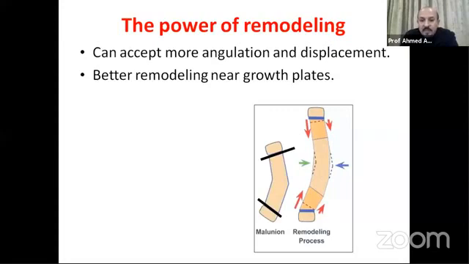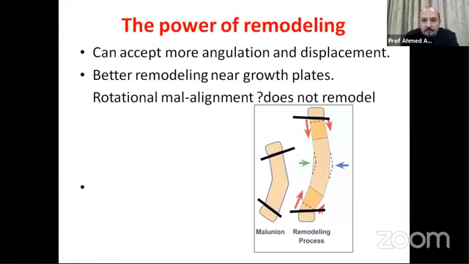The oblique physes, because of the angulation, will be stimulated to overgrow on the short side and undergrow on the long side to have horizontal or transverse physeal lines, to convert this to this. This is uneven growth that results from the combination of the ground reactive forces and the body weight. But don't forget again, rotational malalignment doesn't remodel.